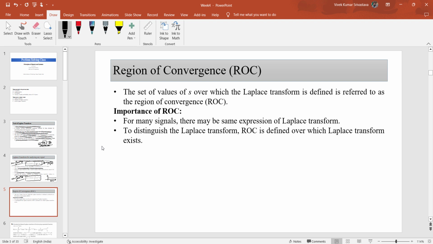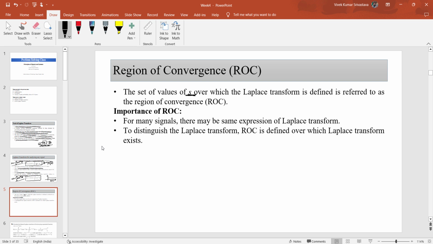This region of convergence is a very important parameter in the case of the Laplace transform. Basically, suppose you have two signals. There is a possibility that the value of the Laplace transform will be the same for both these signals. But we can define a new parameter which is known as the region of convergence.